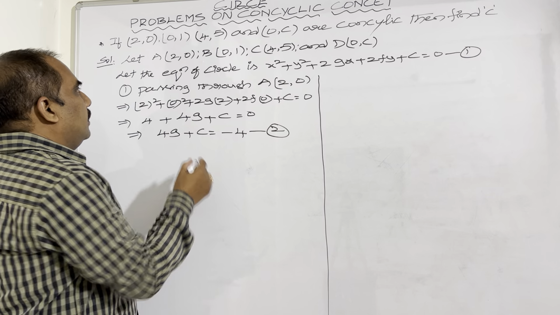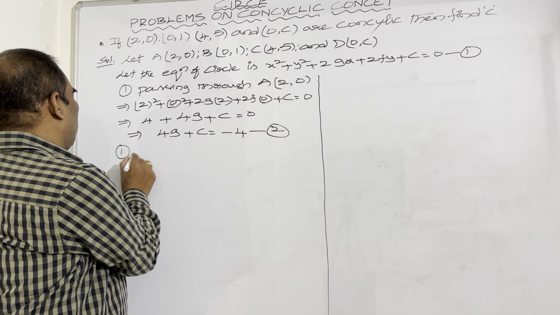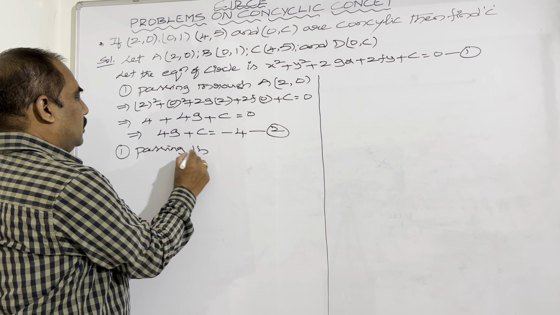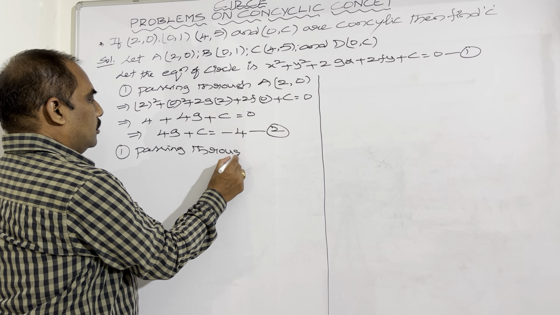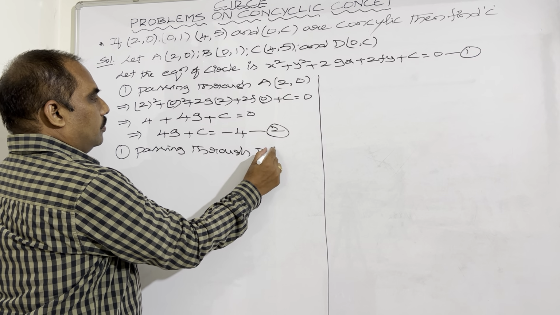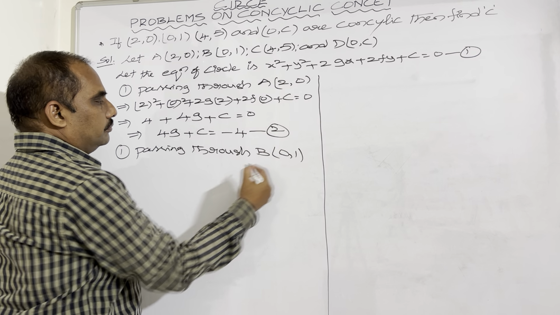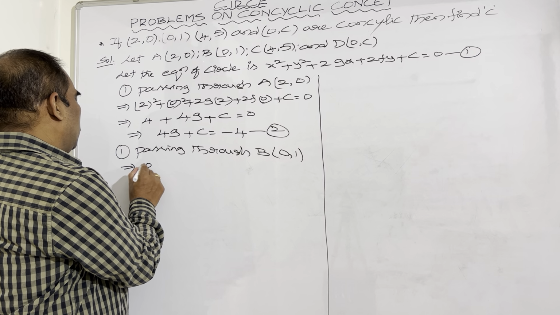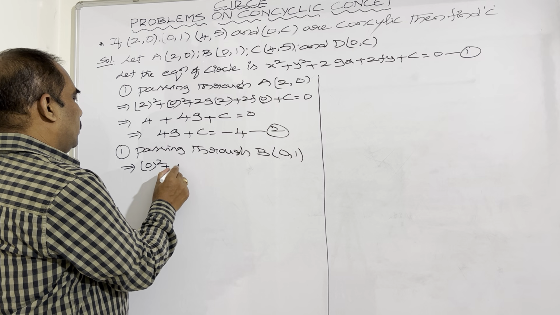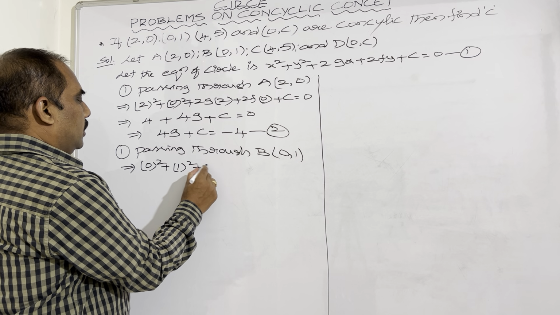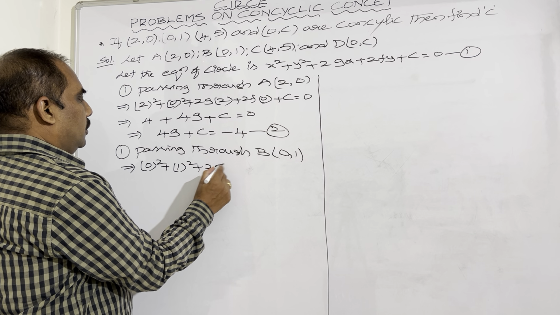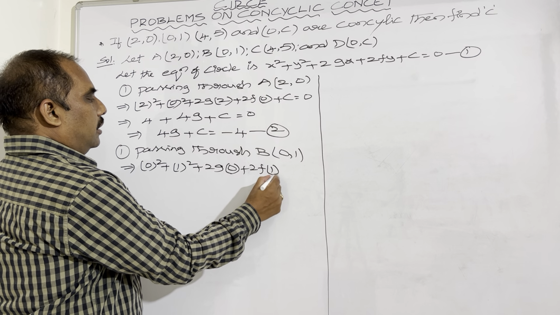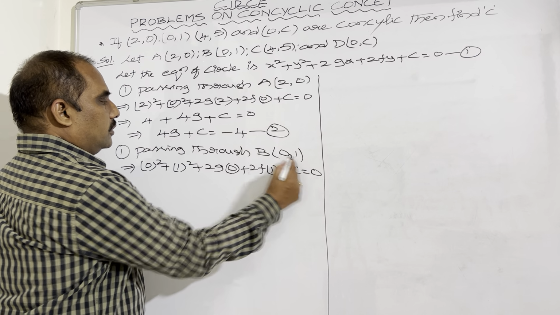Next, similarly, 1 passing through the second point, that is B (0, 1). Now substituting, 0 square plus 1 square plus 2g into 0 plus 2f into 1 plus c is equal to 0.